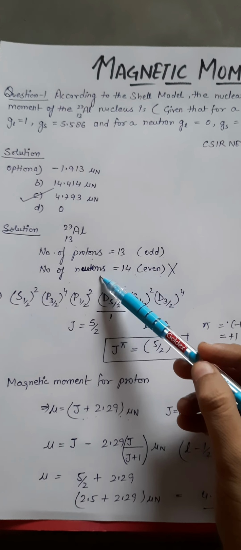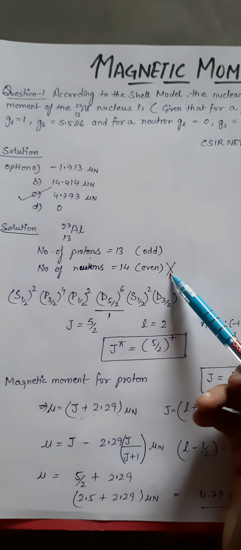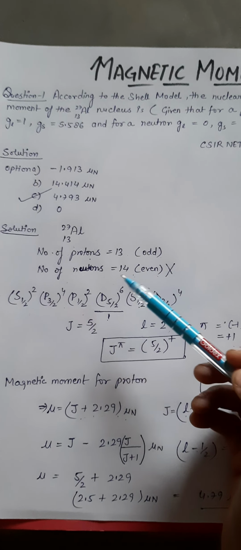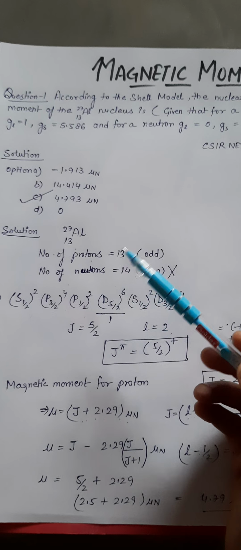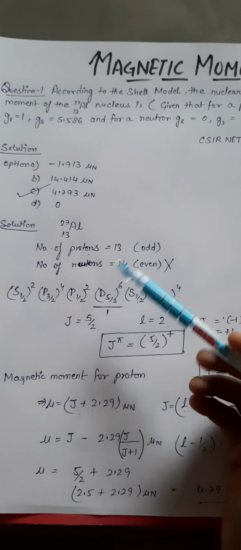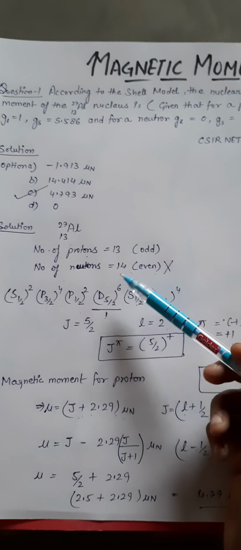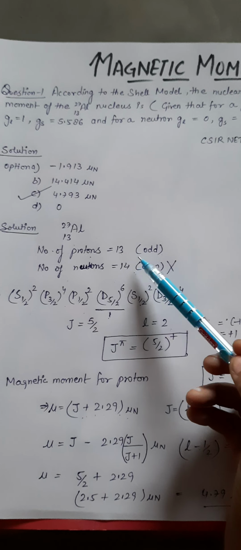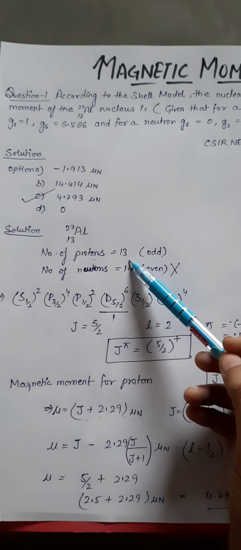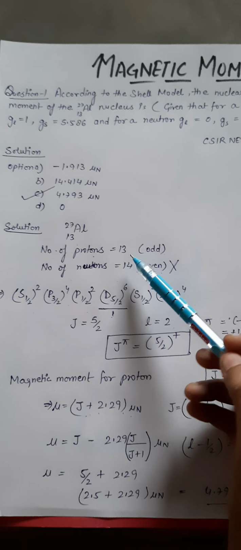Neutrons are even in number, so don't consider them. We only have to consider the odd number of protons or odd number of neutrons or both. Here only protons are odd in number, so we only have to consider the protons.